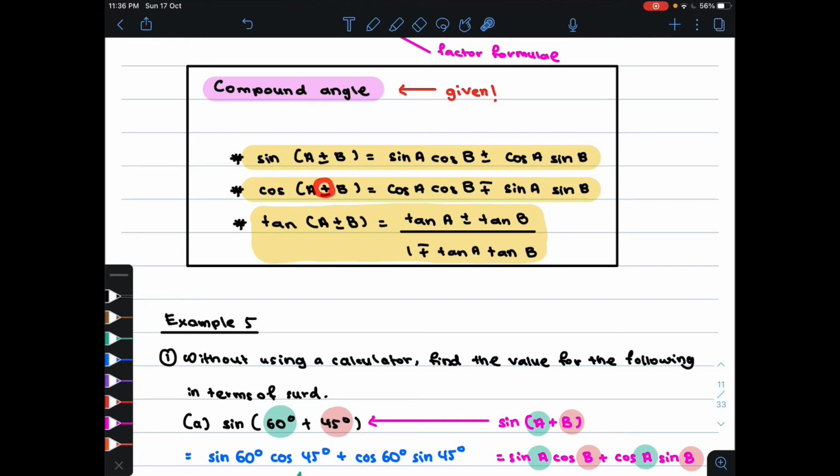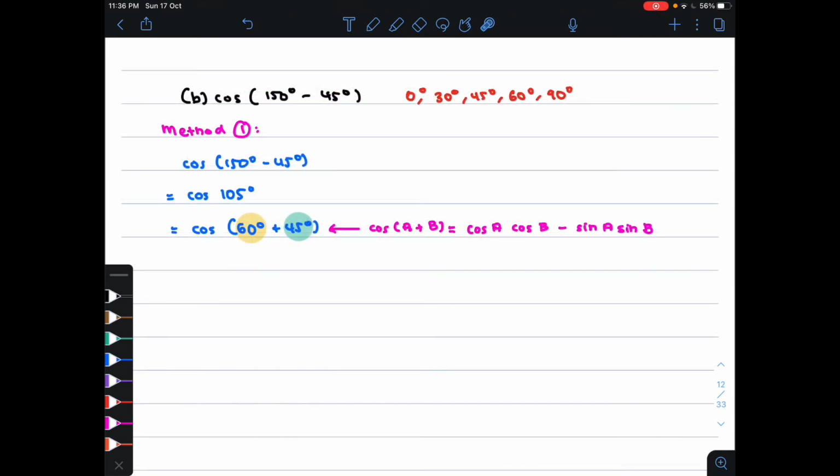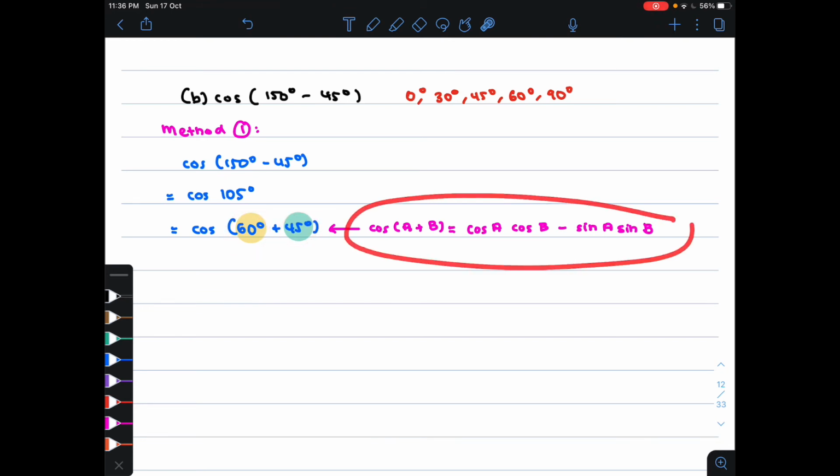So we have cos A plus B. Plus is on top, therefore for this one, we're going to take the one on top as well, which is minus. So it is actually equal to cos A cos B minus sin A sin B. Now we're going to substitute A to become 60 degrees and B 45 degrees into this formula.